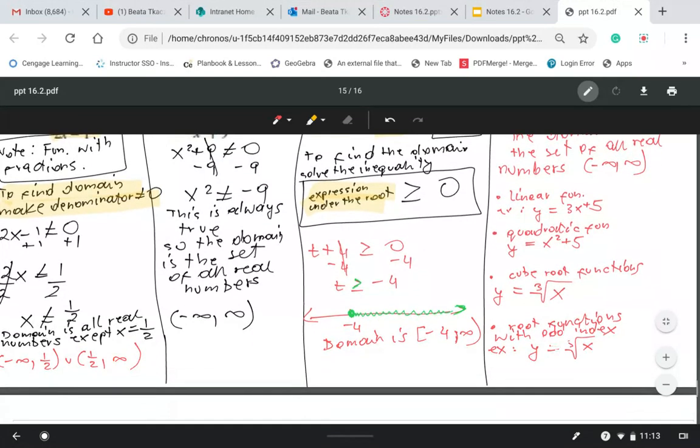For a function like that, the domain is all real numbers.